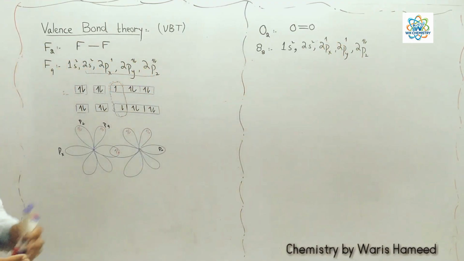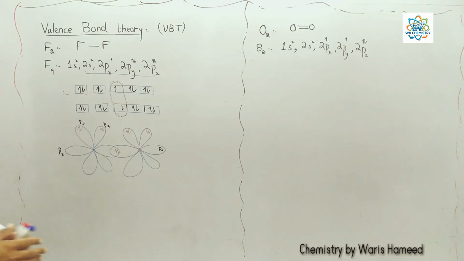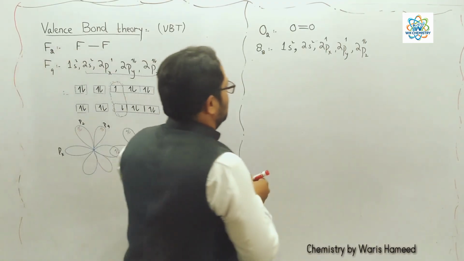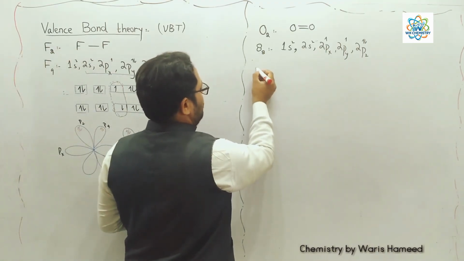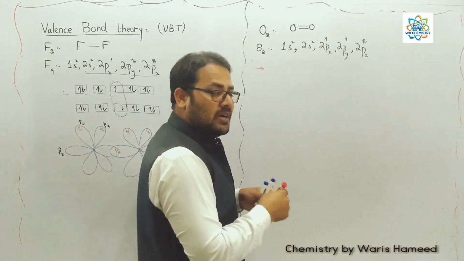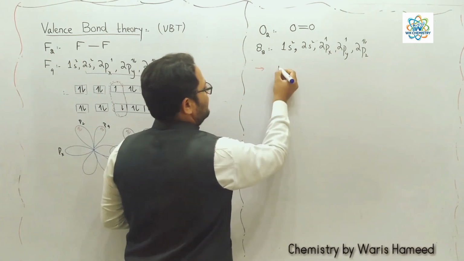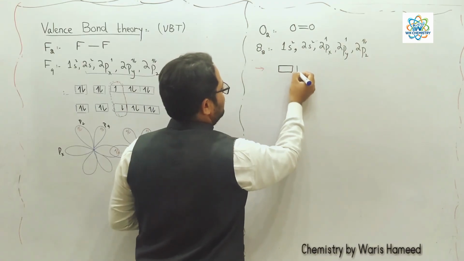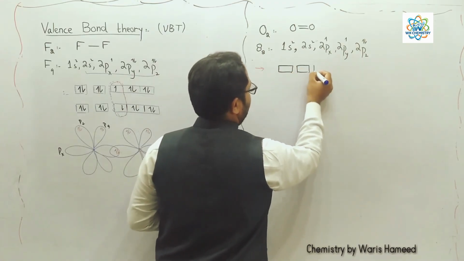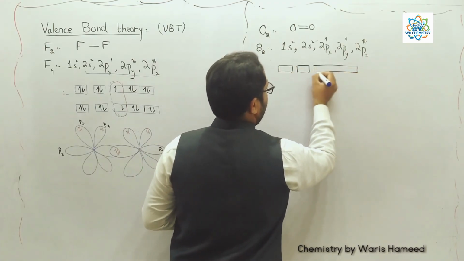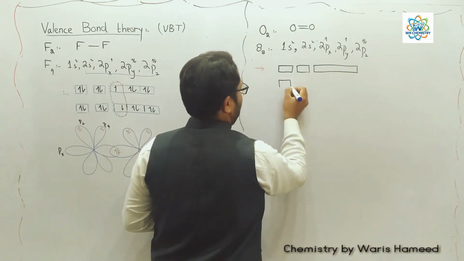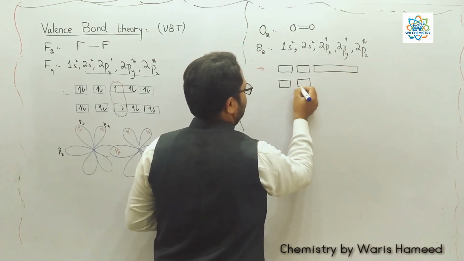Now the second oxygen should have the same electronic configuration. I am going to show the overlapping between these two oxygen atoms. This is the electronic configuration of the first oxygen atom, and this is for the second oxygen atom.